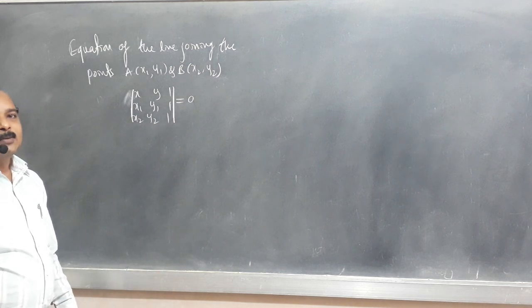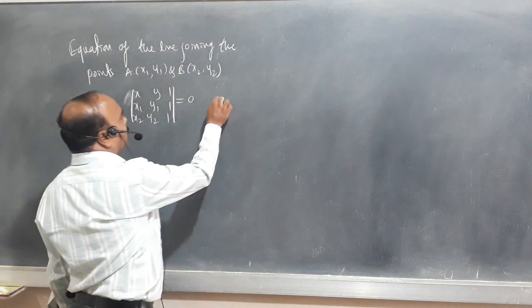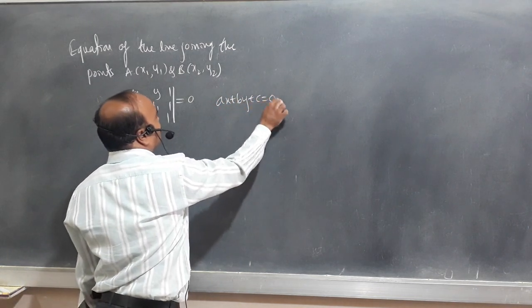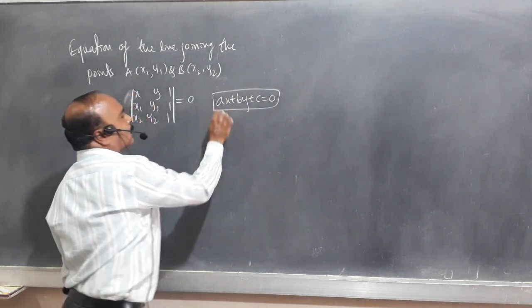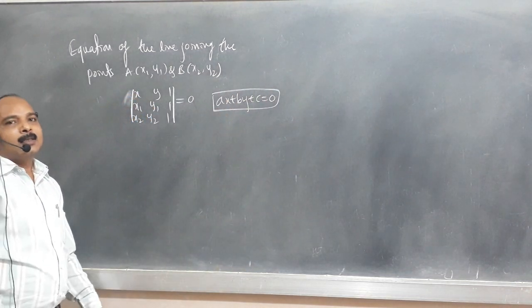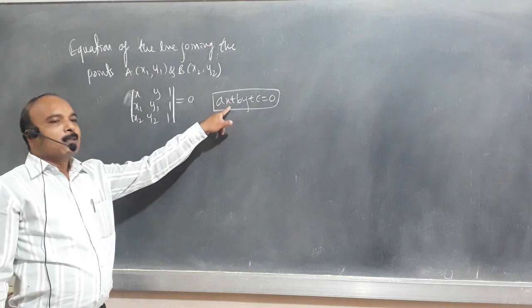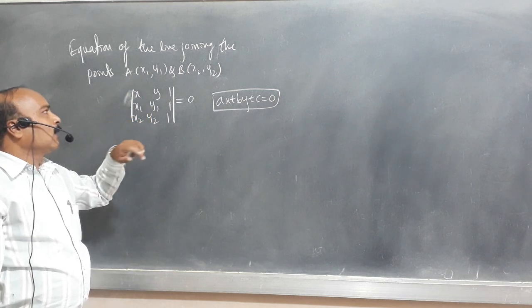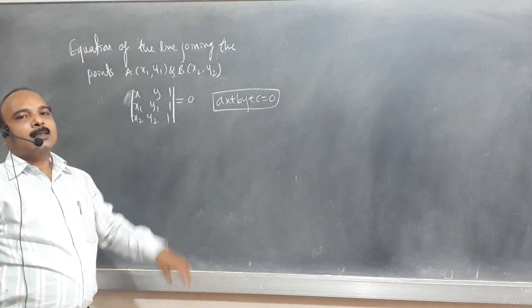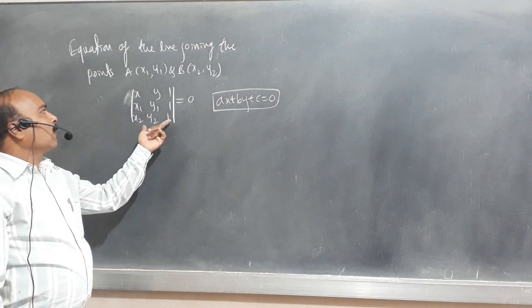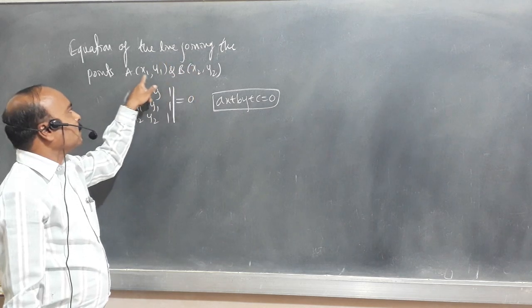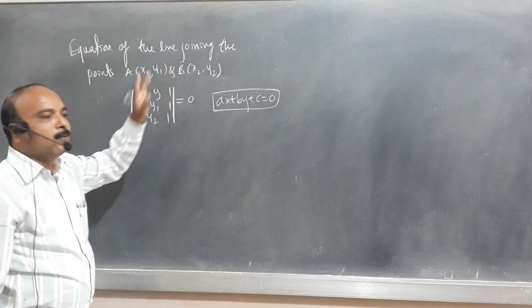By solving this we get the answer in the form ax plus by plus c equal to 0, which is the general equation of the straight line. We get this form after expanding this determinant. Therefore it is the formula for calculating the equation of the line joining the 2 points (x1, y1) and (x2, y2).